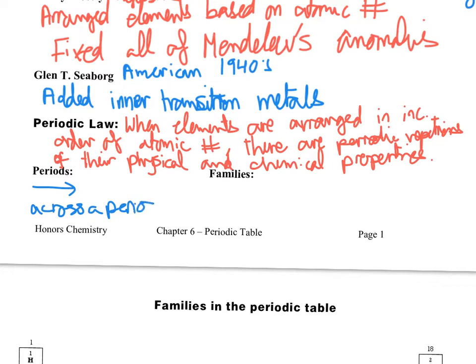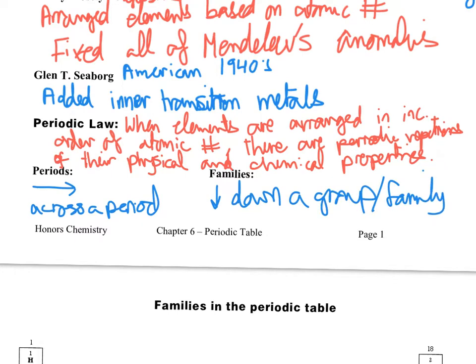So when we look at these trends, we're going to see how they increase or decrease as you go across a period, and then also down a group or family. So the families are vertical and the periods are horizontal. So across a period and down a group or family.